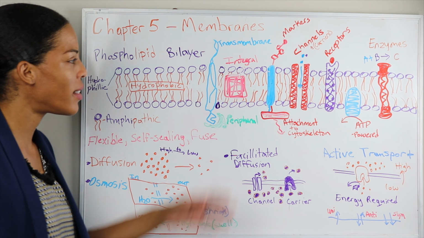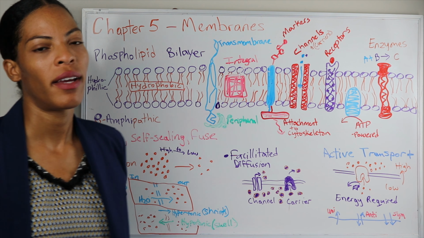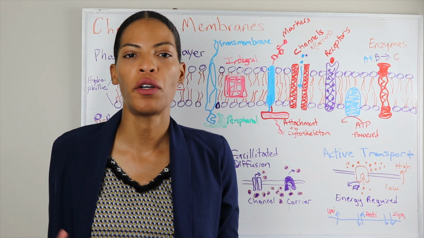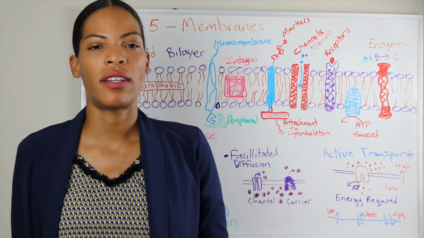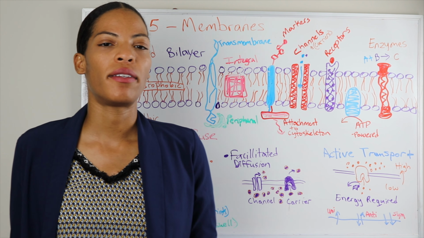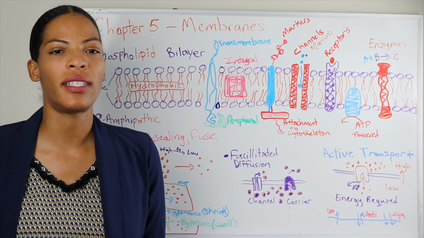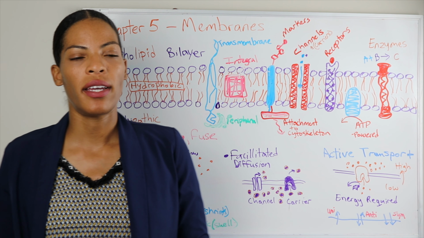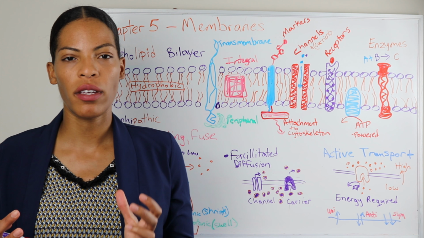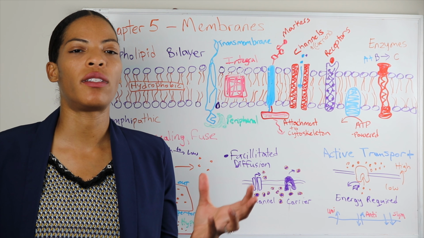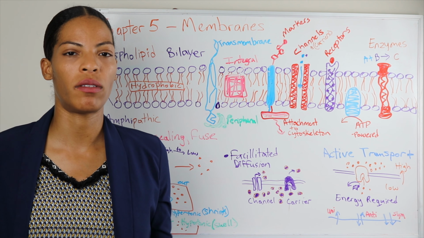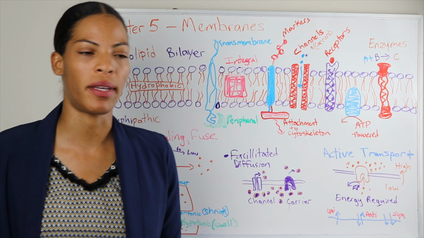Okay, now, as things are moving across the membrane, they follow certain rules and laws of nature. And one of those laws is diffusion. Diffusion basically states that if there's a high concentration of molecules or substances, they tend to spread out naturally to where there's less of those substances located in space.